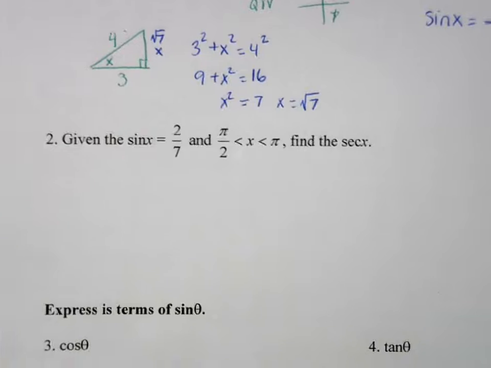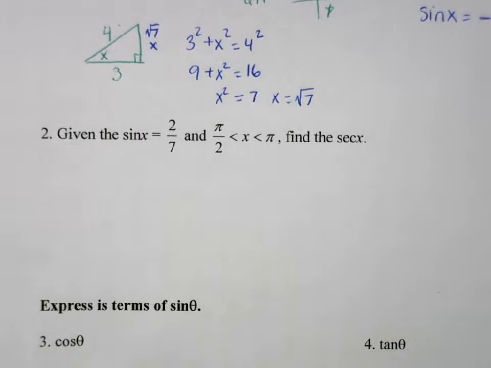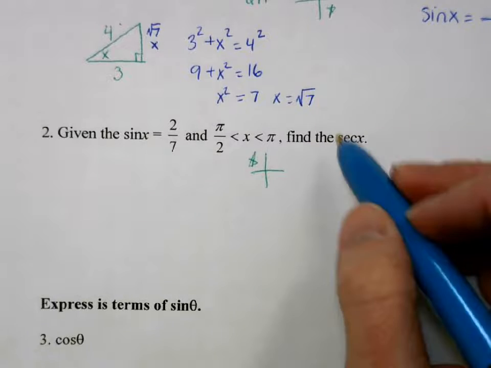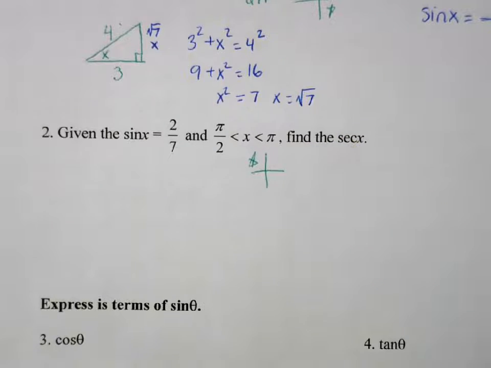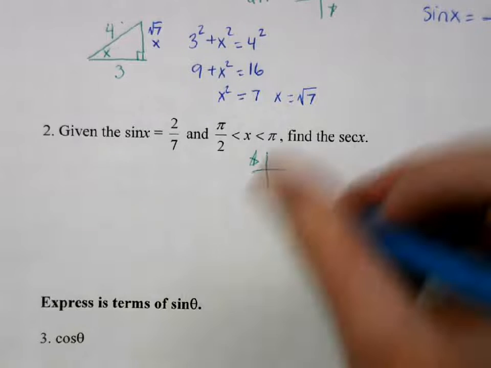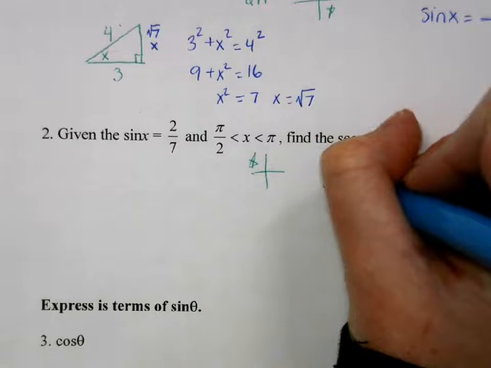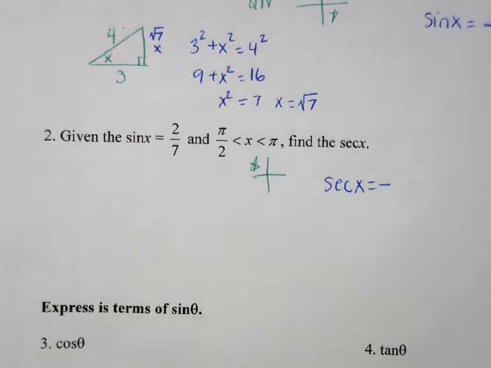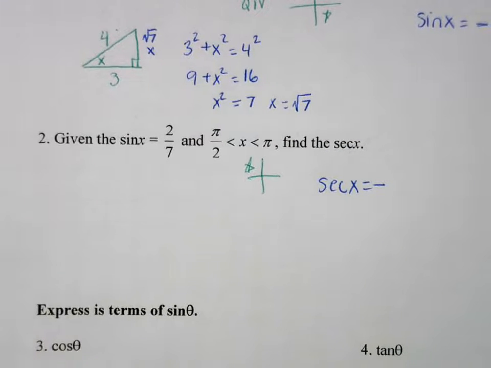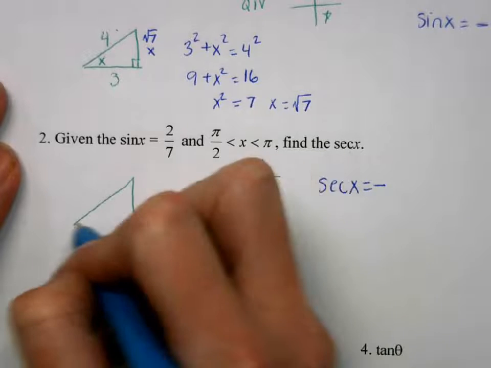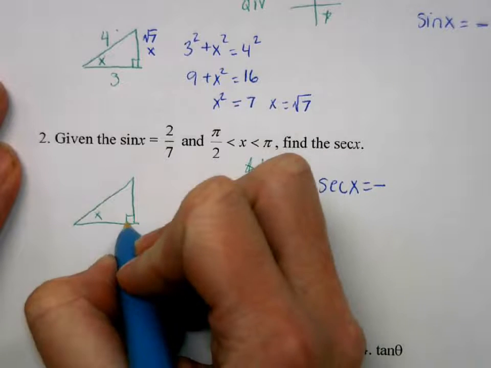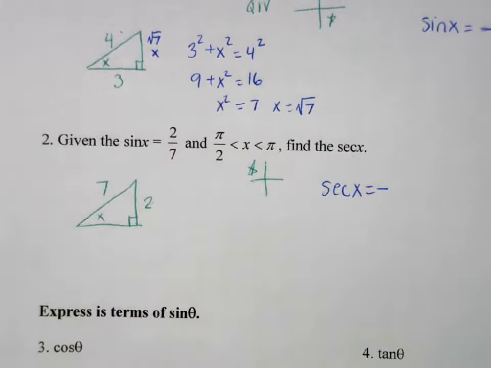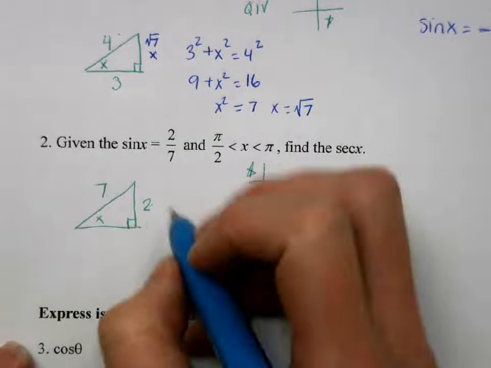In the next one, I'm going to do the same thing. This is telling me that we are in the second quadrant, which means our secant is going to be negative. Okay, because our x values are negative in these two quadrants. And so if cosine's negative, secant is negative. We'll make our triangle. Opposite is 2, hypotenuse is 7. For secant, we need the adjacent side.